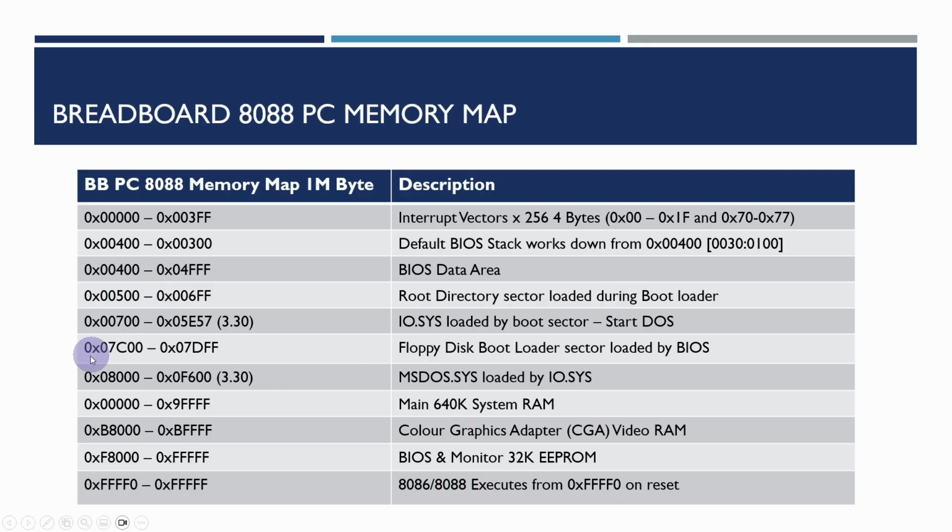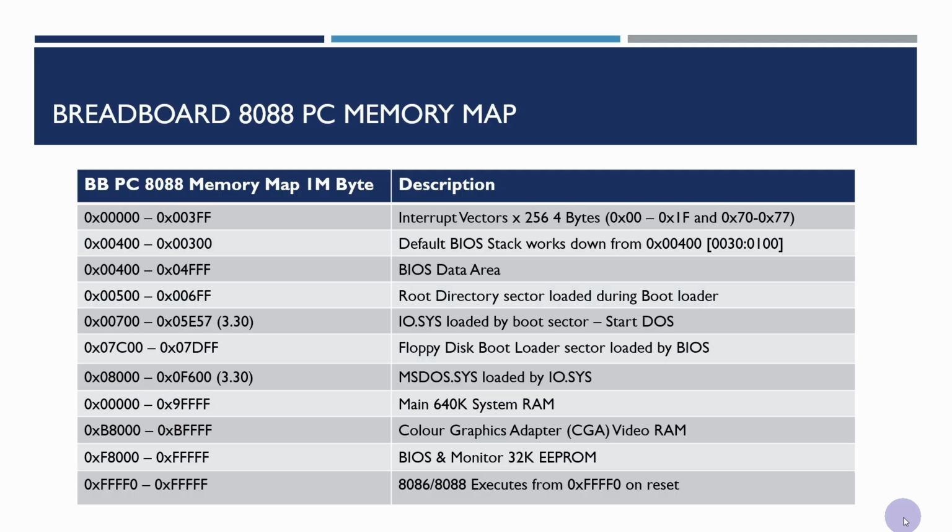And then once the bootloader has actually tried to execute io.sys, then io.sys will start DOS, and that will then load msdos.sys, and that will be loaded from 8000 upwards. So this is what's necessary to work in order for MS-DOS to start up, and so you can see there's quite a few moving parts, but the key thing really is getting the boot sector from 7C00 working first.